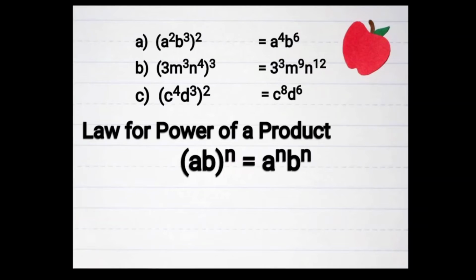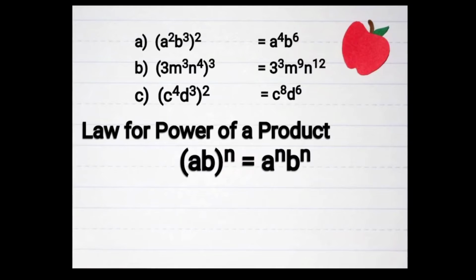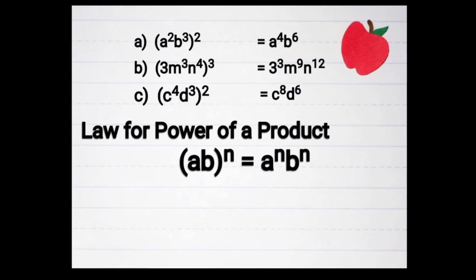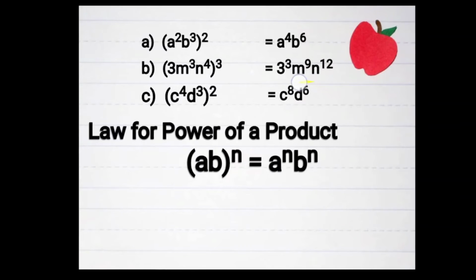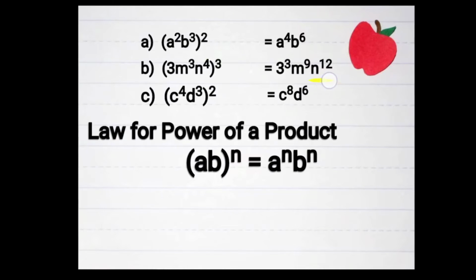That's why the exponent now of 3 is cube. Now for the exponent of m, copy the base m, then 3 times 3 is 9. That's why we have m raised to 9 power. Next, let's have the exponent of n. Copy the base n, then 3 times 4 is 12. That's why we have n raised to 12.